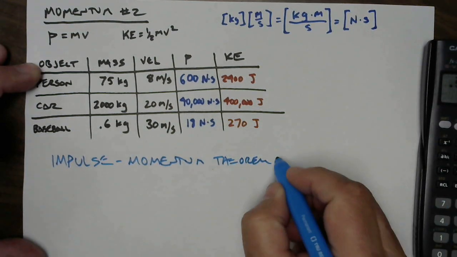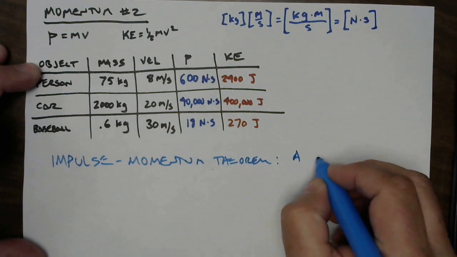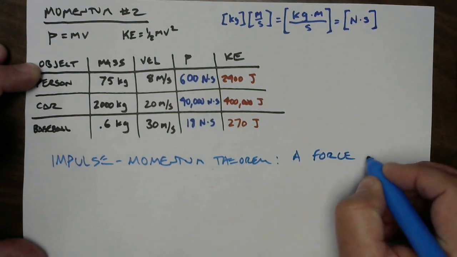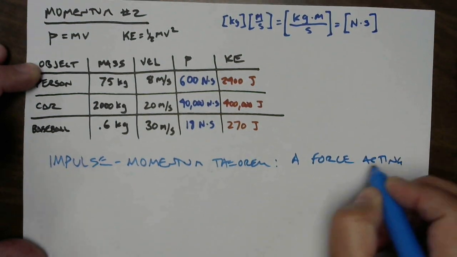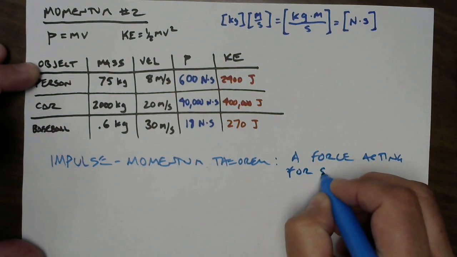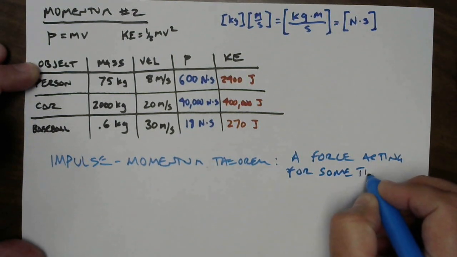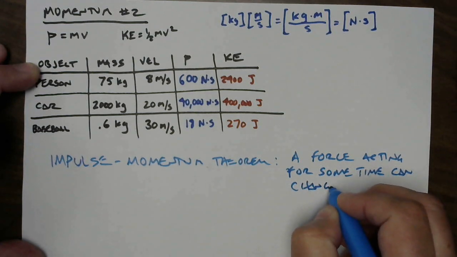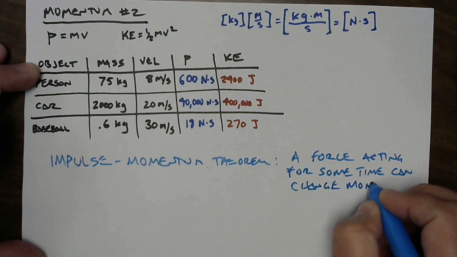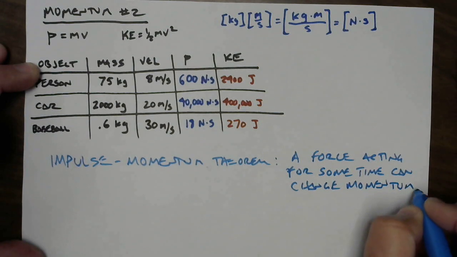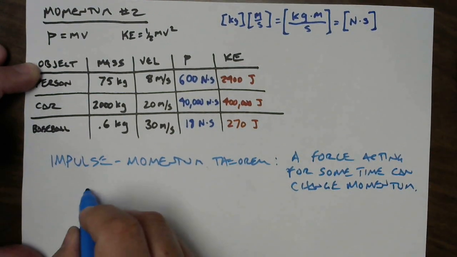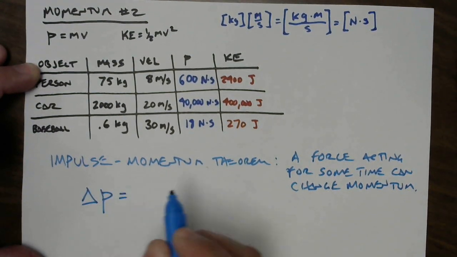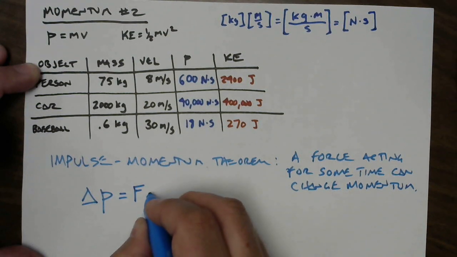The impulse momentum theorem says that a force acting for some time can change momentum. And it basically looks like this. A change of momentum occurs when you have a force acting for a certain amount of time.